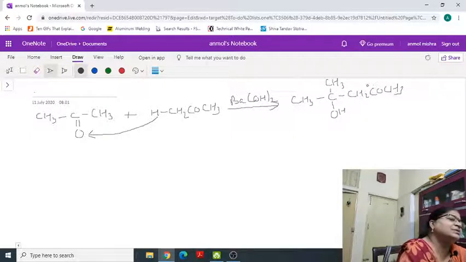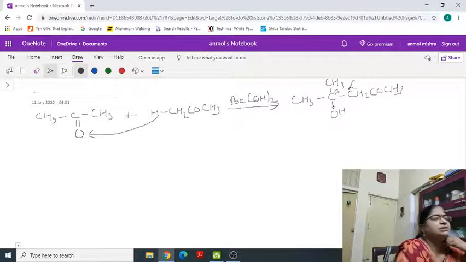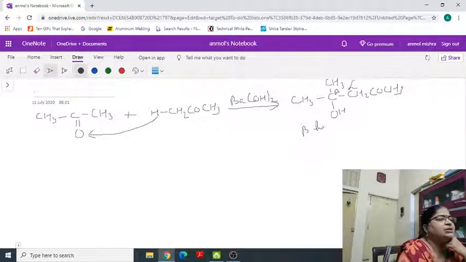Again, this is the alpha carbon and this is the beta carbon, so it is called beta hydroxy ketone, also known as ketol.